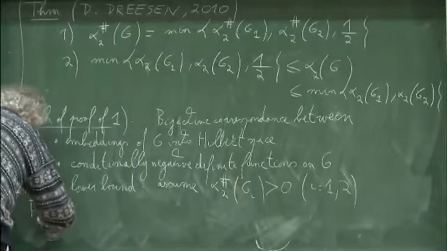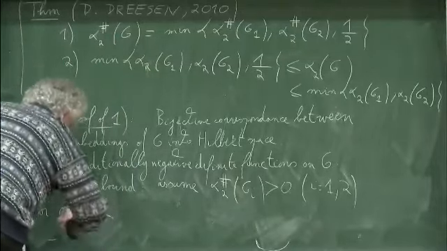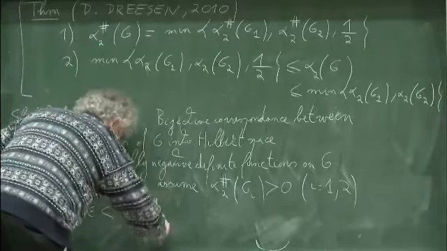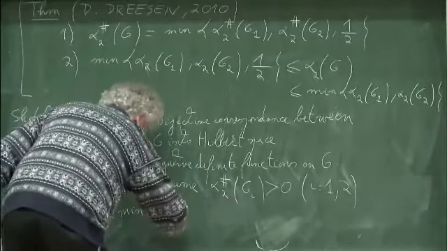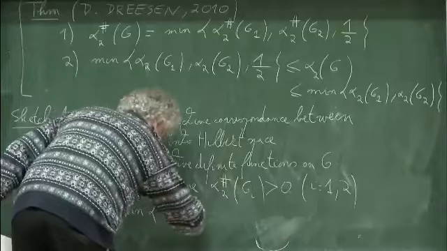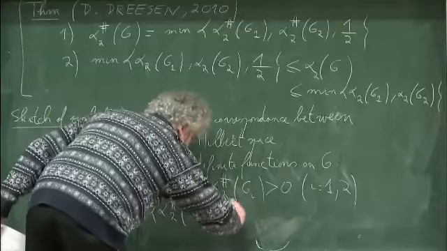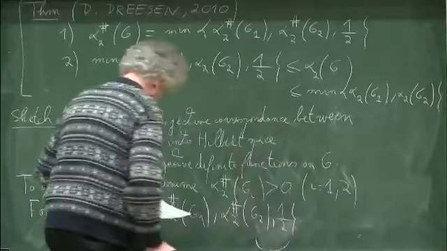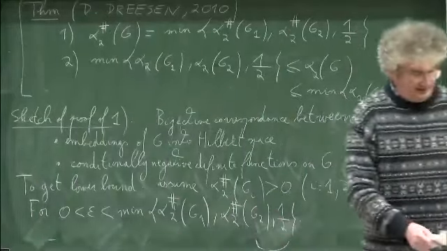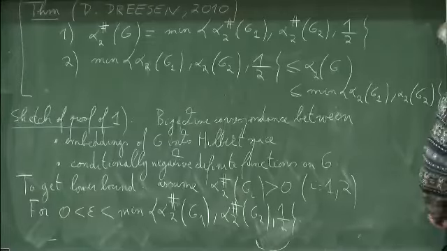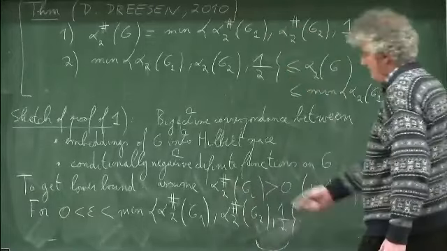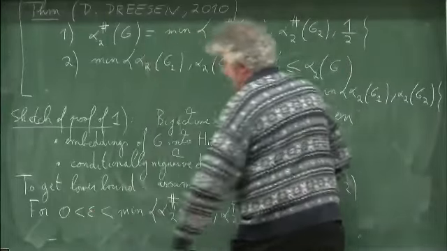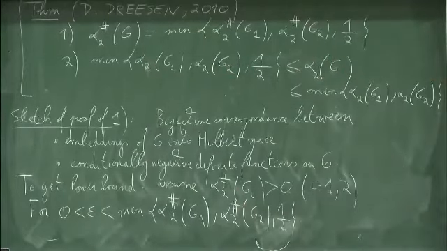And we take an epsilon, which is in between 0 and the minimum on the right hand side. So alpha sharp 2 of G1, alpha sharp 2 of G2, and 1/2. And we know that both G1 and G2 admit embeddings which are, let's say, better than word length to the epsilon.